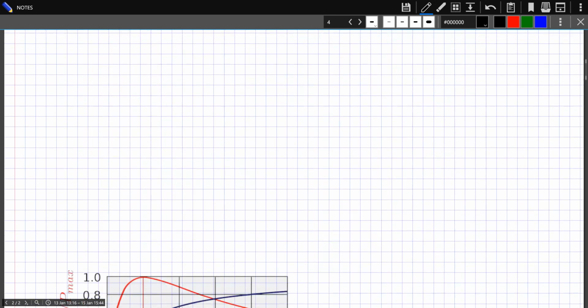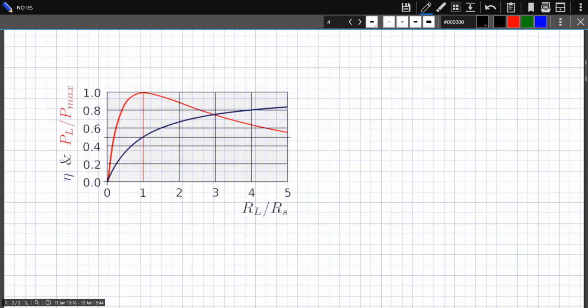So we have a very good graph here. Similar to the above, we have this which represents the load power, and we have this black graph which represents the efficiency.